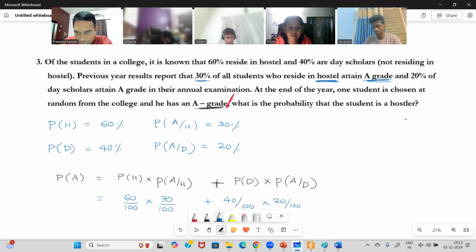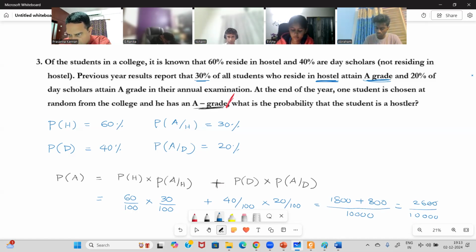Perfect, right? So how much do we get? We get 1,800 plus another 800 divided by 10,000, right? So that comes to 2,600, isn't it? Yes, sir. Okay. If you want, you can simplify at this point. Probably 26 by 100 or 13 by 50, right? Okay. Now, this is part of the question.